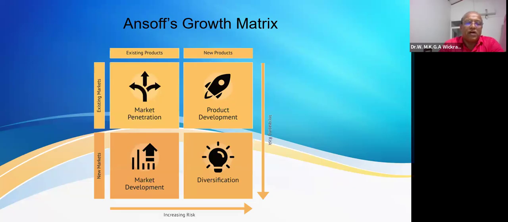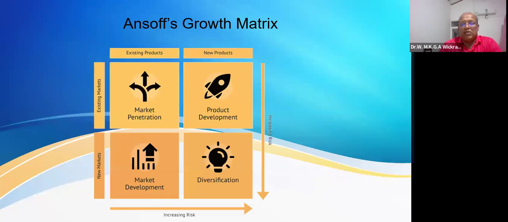So if you are putting the existing products into existing markets, that is called market penetration. These are marketing jargons. You are basically delivering your existing product to the existing markets. You can do whatever marketing program, 5P, 4P, anything.